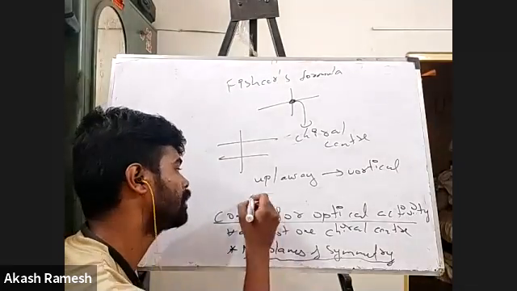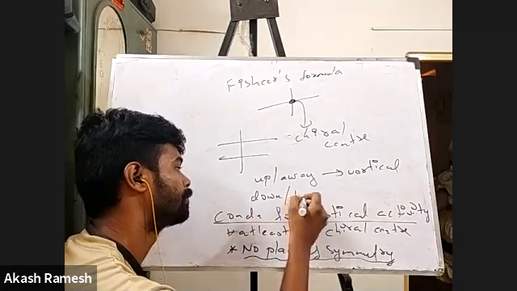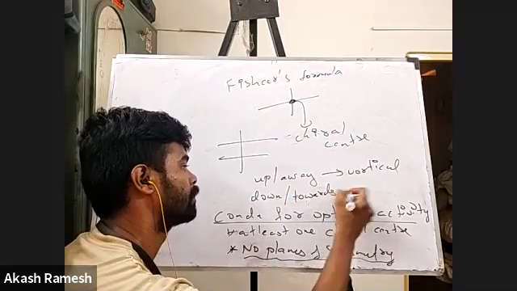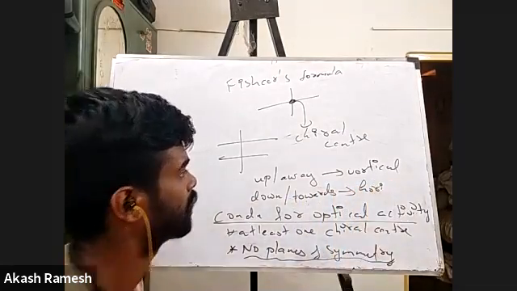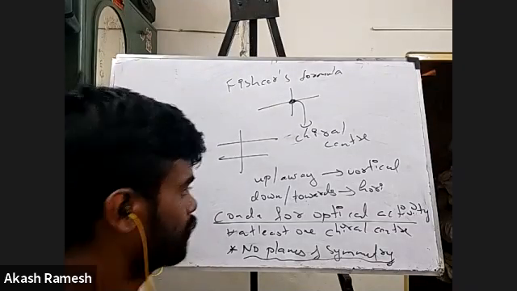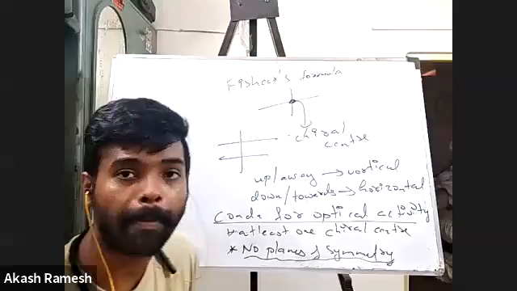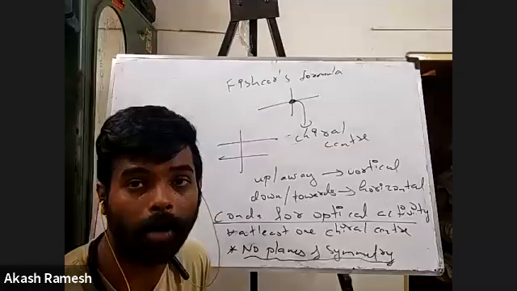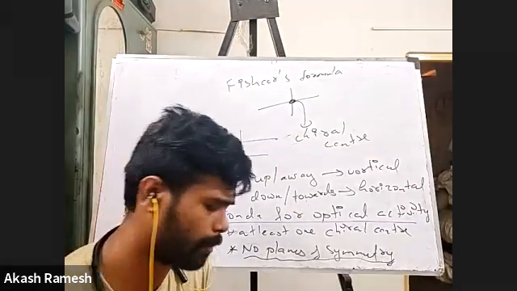And whenever you see bonds pointing down or towards you, they should be in the horizontal position. Once again, up and away, vertical; down and towards you, horizontal. Let me take an example.